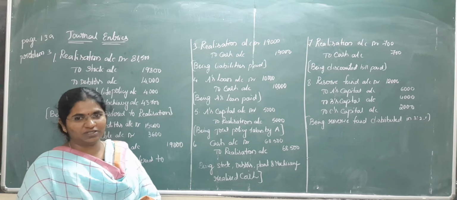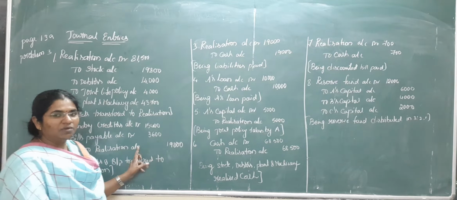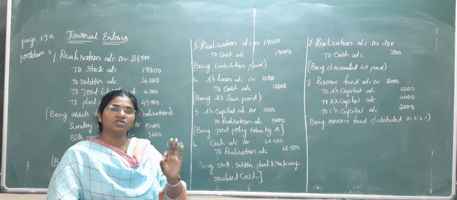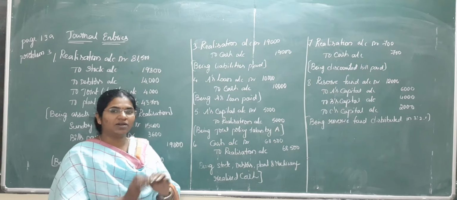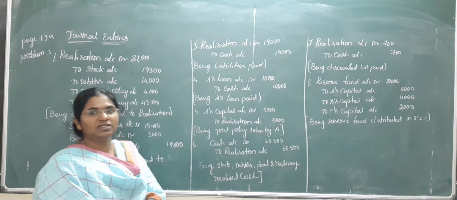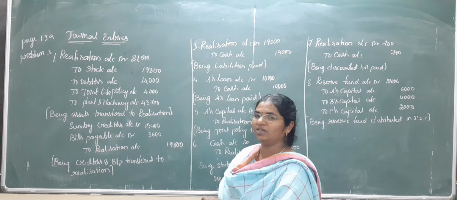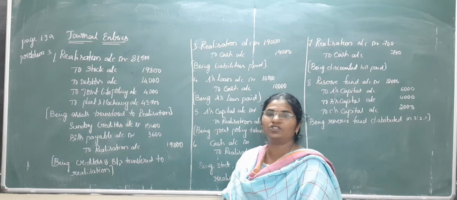When you read all the adjustments in the problem, if nothing is stated and they have just mentioned that all liabilities are paid, then write immediately the corresponding journal entry as journal entry number 3. Here journal entry number 3 is realization account debit to cash account.